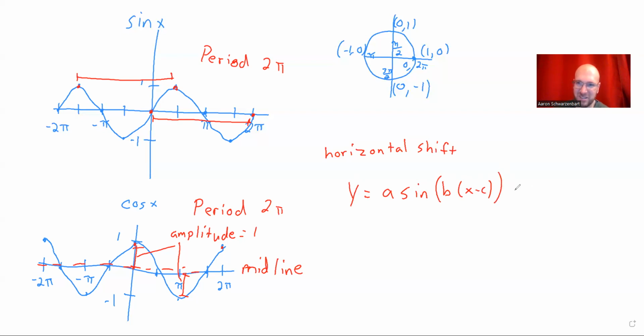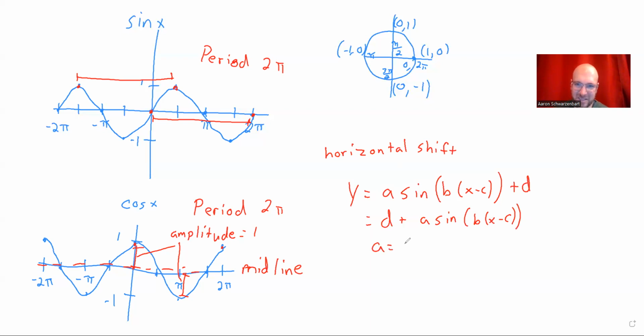The B is factored out. That's important. Plus D. Sometimes you'll see the D written in the front. Close this parenthesis. I shouldn't have D twice. But I should close the parentheses.